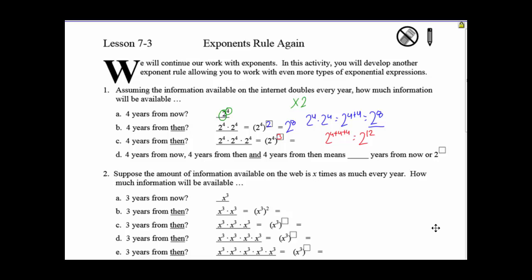So we can say 2 to the 4th cubed would be 2 to the 12th. If we put that all together, 4 years from now, 4 years from then, and 4 years from then, that would be a total of 12 years from now, or 2 to the 12th, as we said in part C.